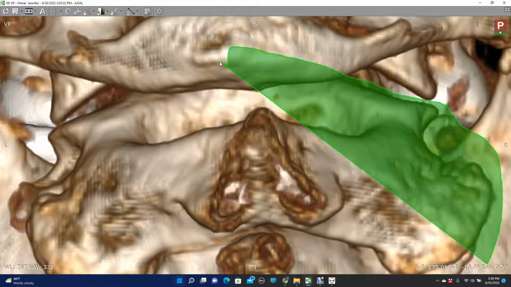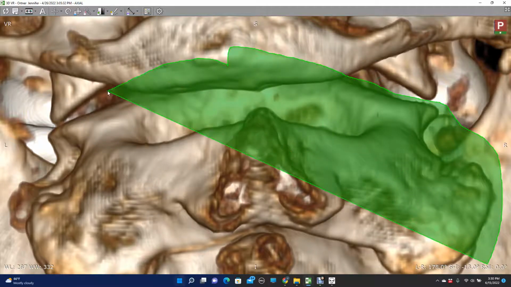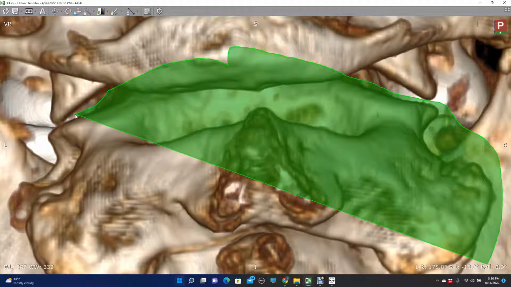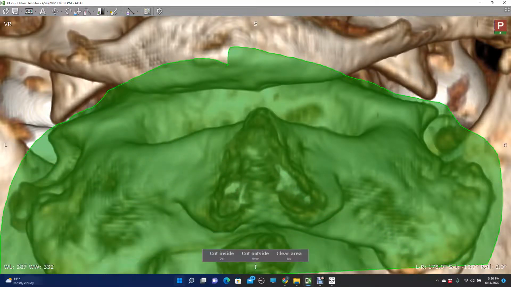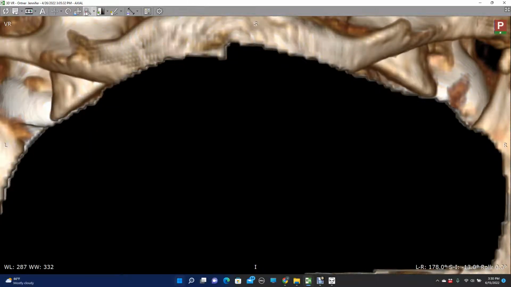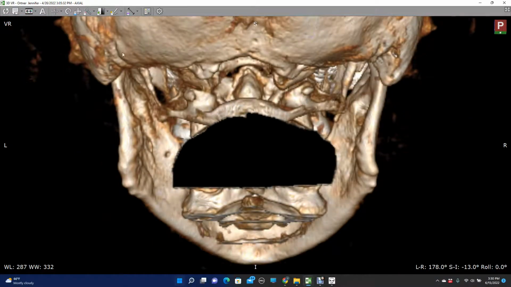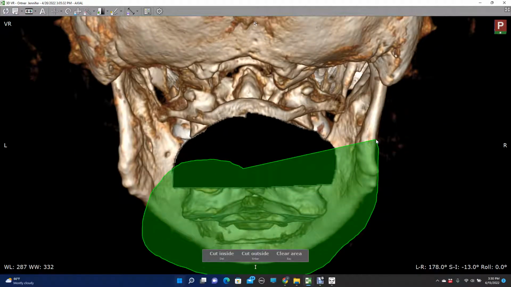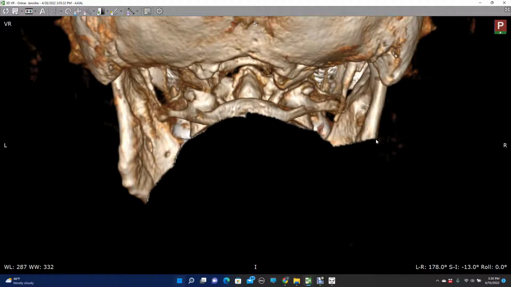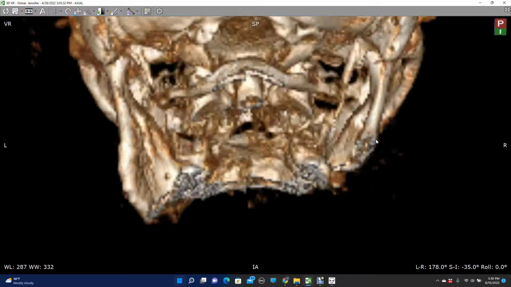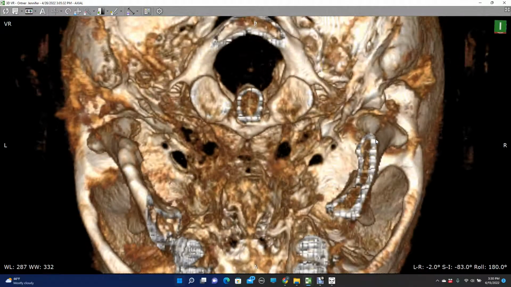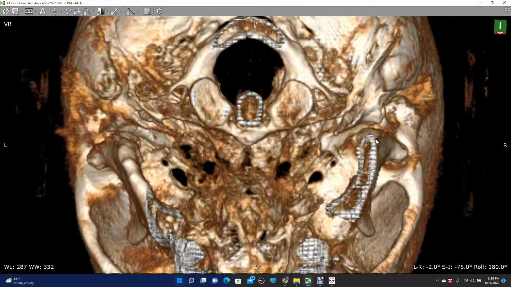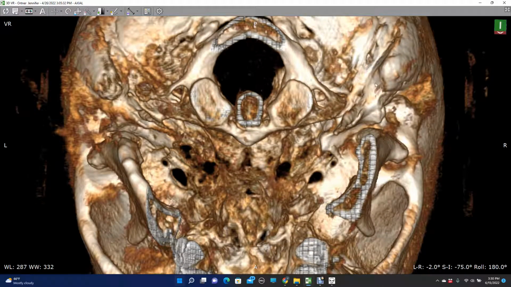Then we want to cut off the other side, C2, and everything below it. Let's make sure we also cut off the rest of the neck below C1. And at this point, all I have to do is rotate my image till I get a horizontal view. And this is how we're going to be measuring rotation, right?